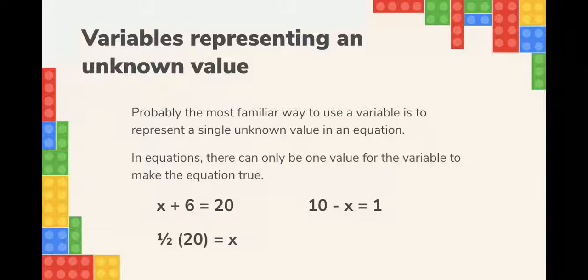In the following examples, there can only be one value for x that, when you add 6 to it, equals 20. There's only one value for x that, when you do 10 minus that number, you get 1. And when you find half of 20, there's only one value that you'll find.